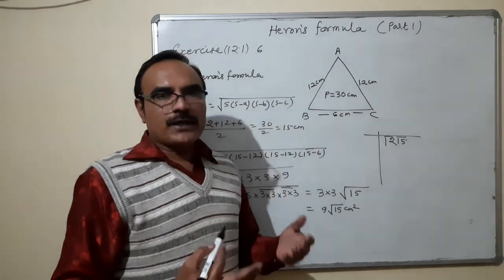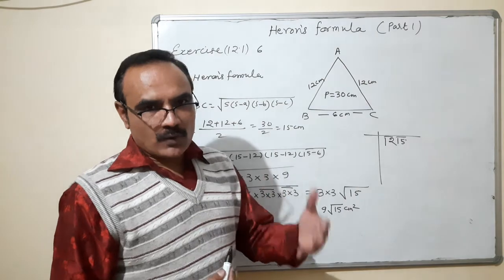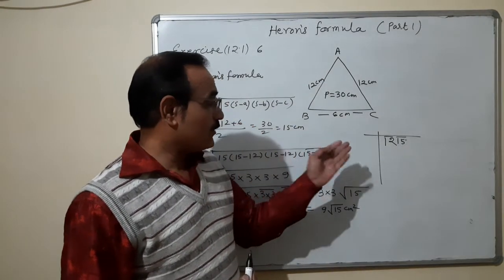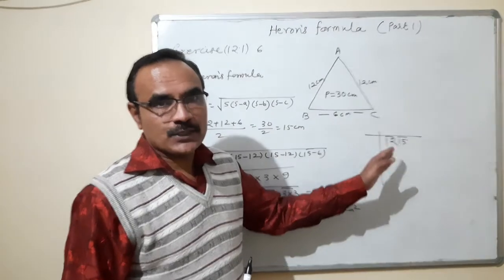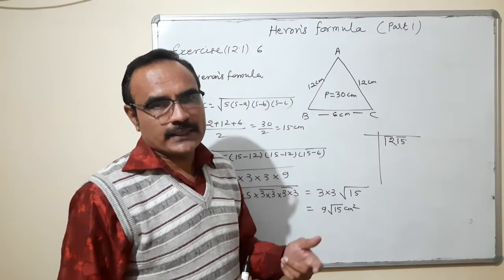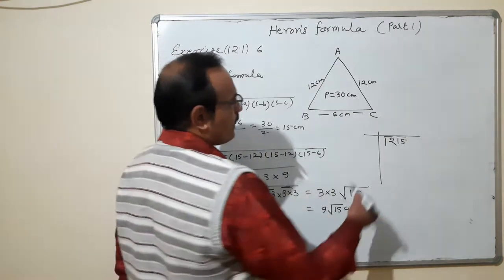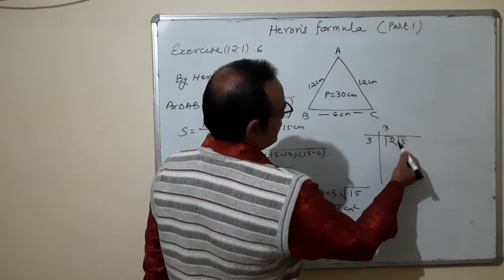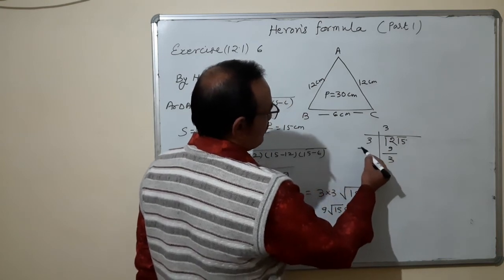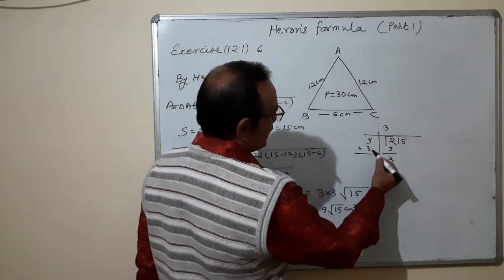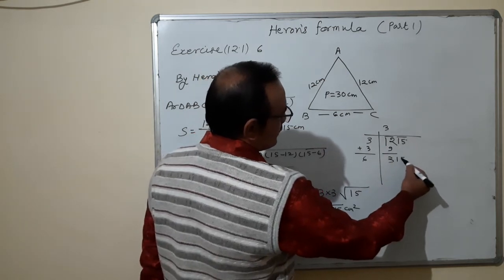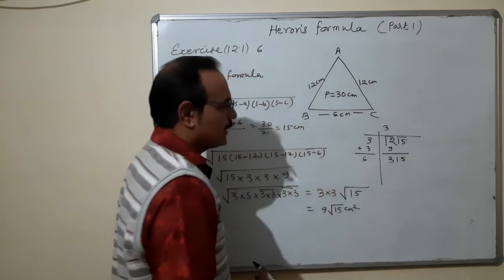We read the table like 1 1 ja, 2 2 ja, 3 3 ja, 4 4 ja, and check when we reach 12 or just less than 12. 2 2 ja 4, 3 3 ja 9, 4 4 ja 16, which is more than that. So 3 3 ja 9. 12 minus 9 is 3. The number coming at the unit place, same number will be added here: 3 plus 3, 6. One pair should be copied here. So 315 is coming here.